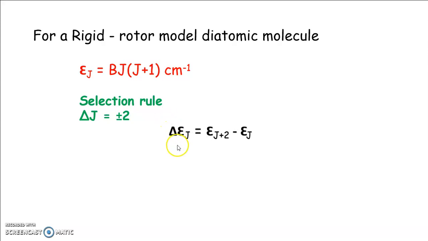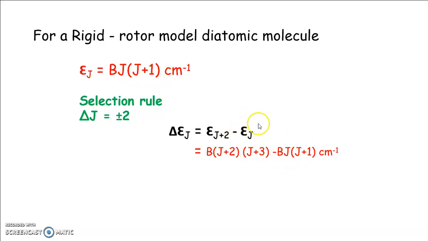we have delta E equal to E_(J+2) minus E_J, which is B (J plus 2)(J plus 3) minus B J (J plus 1). For E_(J+2), we place J plus 2, and J plus 2 plus 1 is J plus 3.